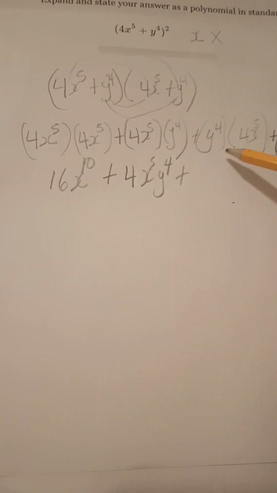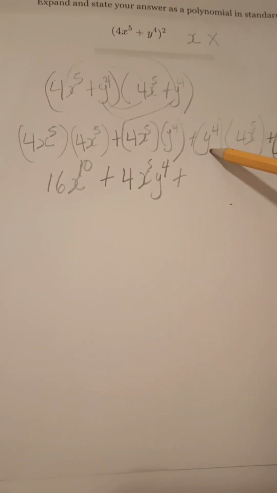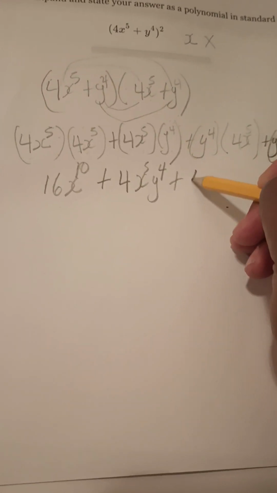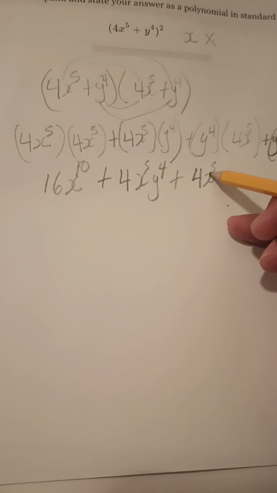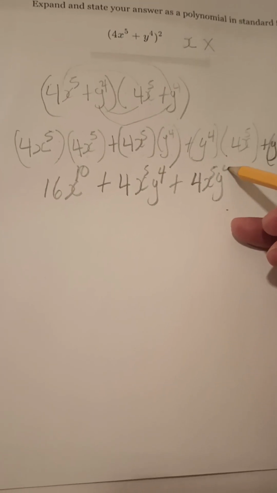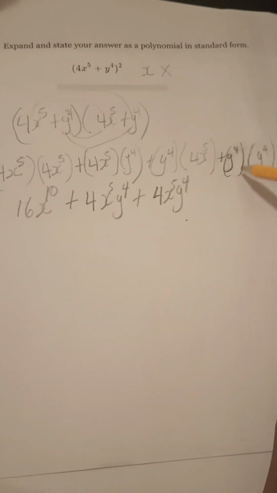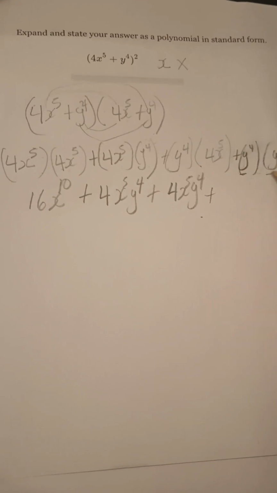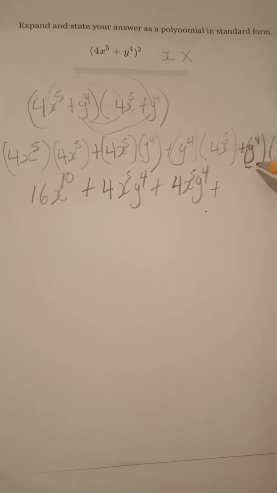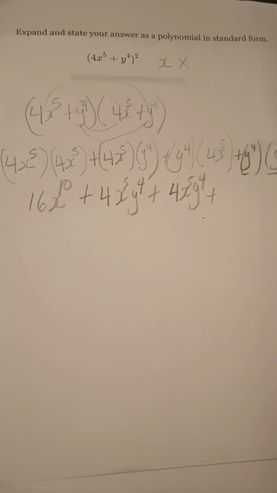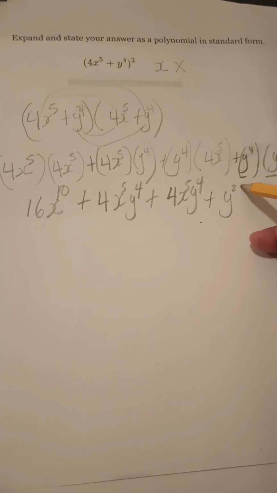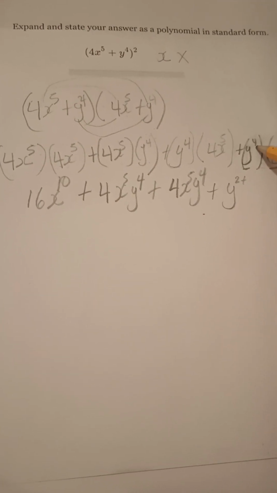Plus the same thing here, y^4 times 4x^5 is going to be 4x^5 y^4. And the last two is plus y^4 times y^4. They both have the same base and the variable, so y times y is going to be y squared plus 4.